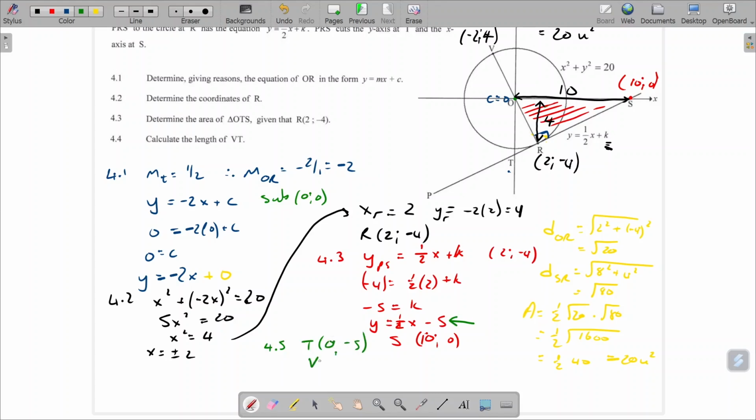The V value we had from symmetry just now, which was -2 and 4. And so the length of VT would be the square root of the change in x squared plus the change in y squared, which in this case would be 4 plus 81, which would therefore be the square root of 85.